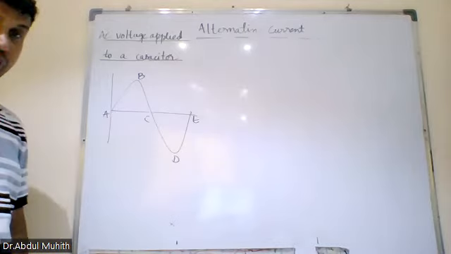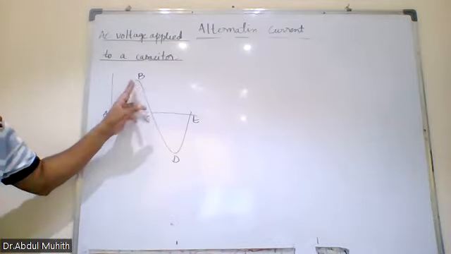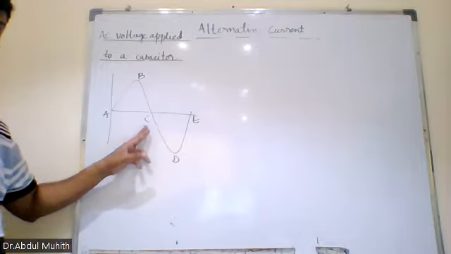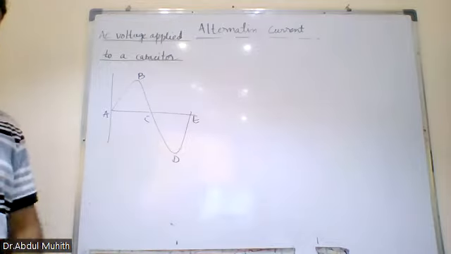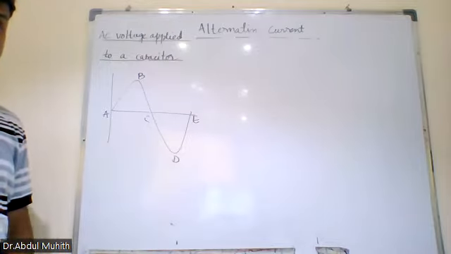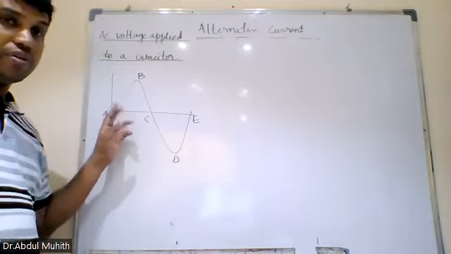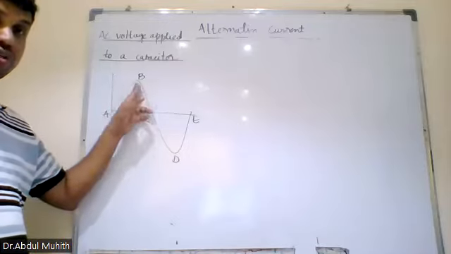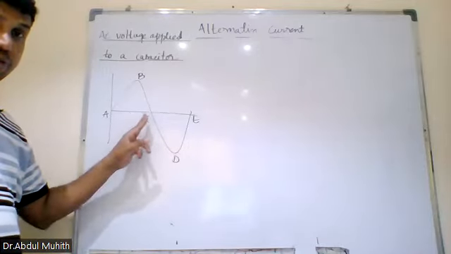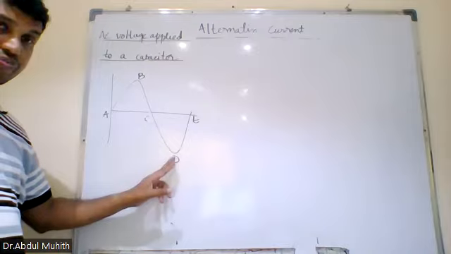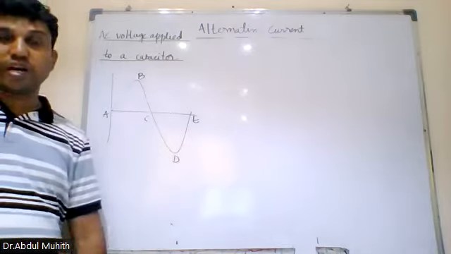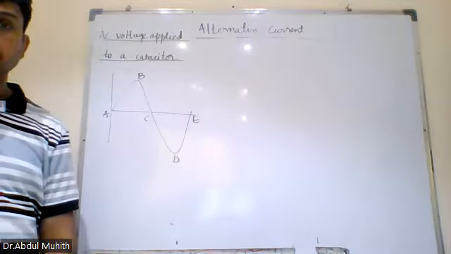Again, A to B charges, B to C discharges. Again charges, again discharges. Now what about the current? Current will become maximum to 0, 0 to minimum, minimum to 0, then 0 to maximum. Is that clear?